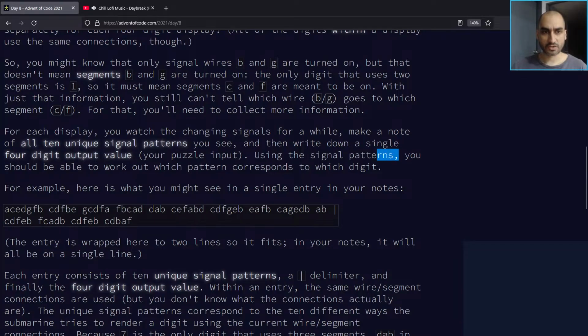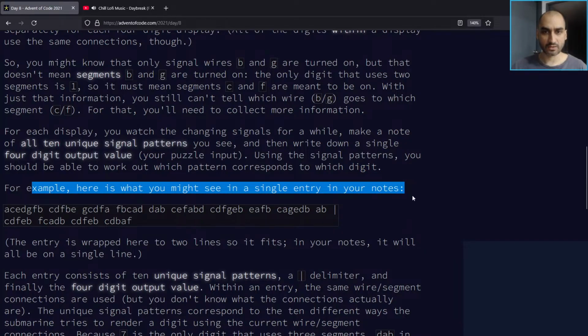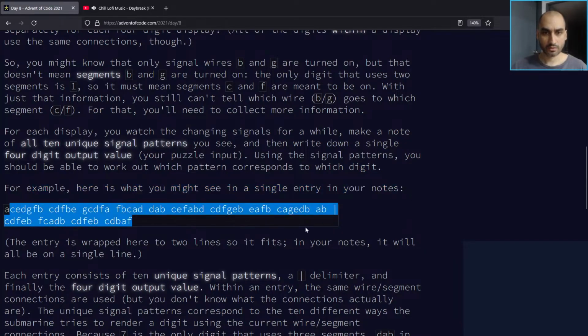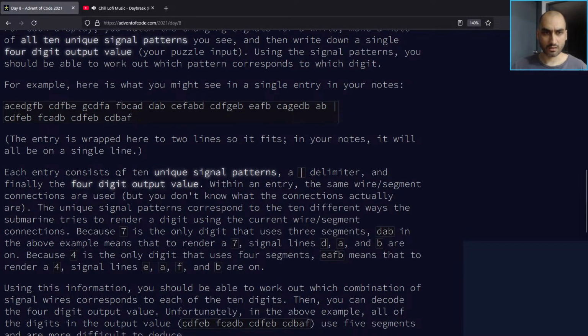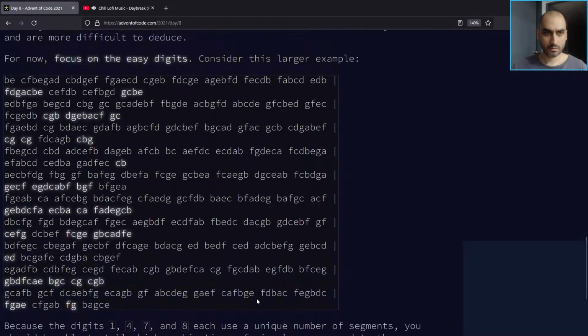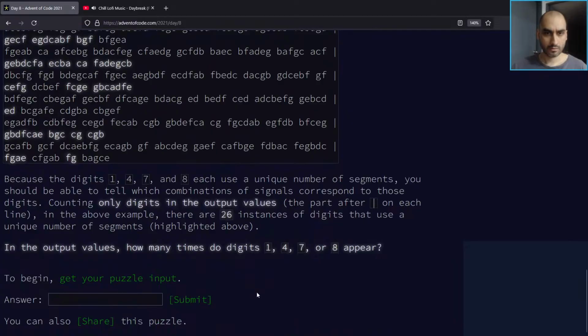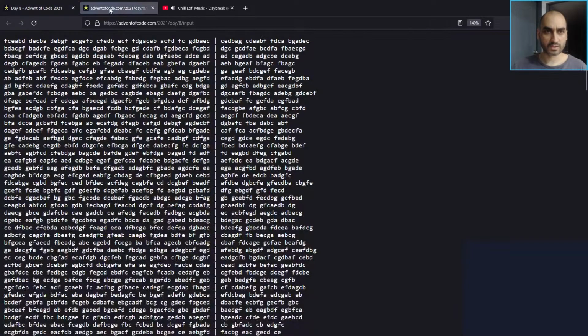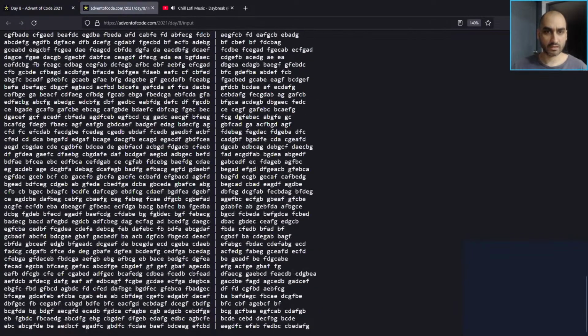Using the signal patterns, you should be able to work out which pattern corresponds to which digit. For example, here's what you might see in the single entry in your notes. Okay. Let me just look at the inputs so I understand what... Okay.